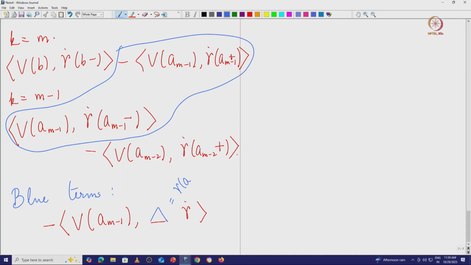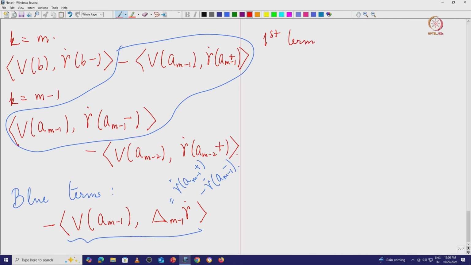Okay, because remember the jump is defined to be this plus minus this minus. Okay. So all the cross terms will now start telescoping and they can be combined into terms of this type, and you are left with then the final boundary term.